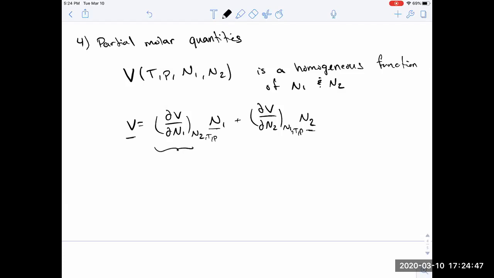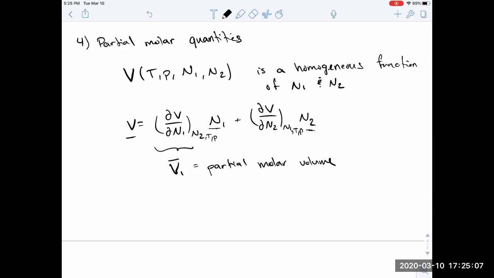We'll define that coefficient, how the volume changes with N1, as V bar subscript 1. This is the partial molar volume.